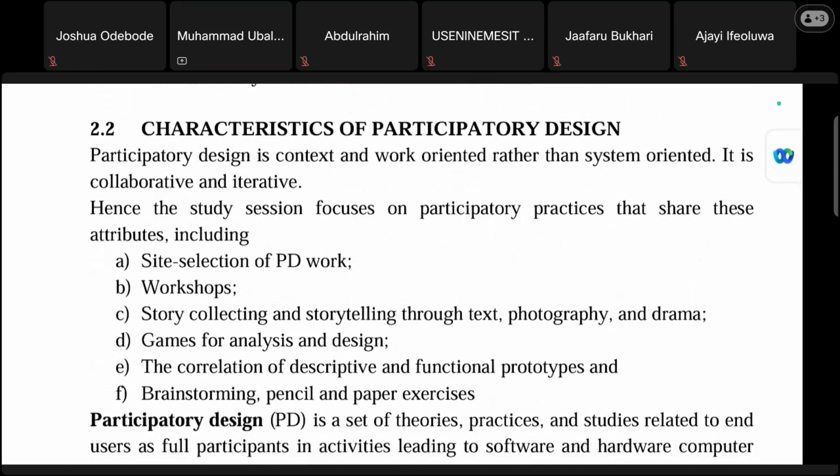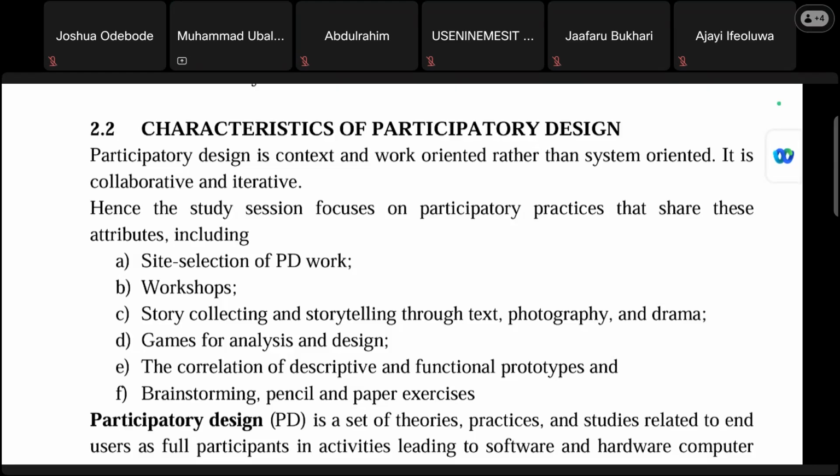So, the characteristics of participatory design. Participatory design is context and work-oriented rather than system-oriented, and it is collaborative and iterative. So when we say that participatory design is collaborative, iterative, and context-oriented, it means that this has to do with a large number of people sharing ideas, working under the same roof, and these people engage in a continuous process of a loop.